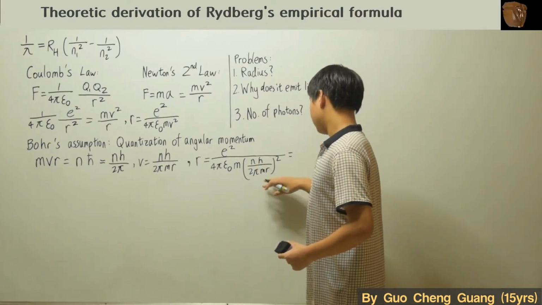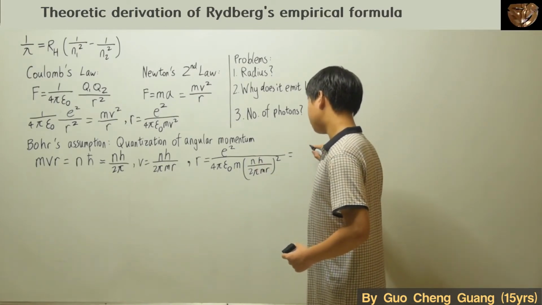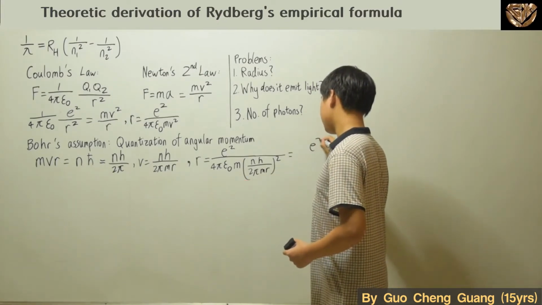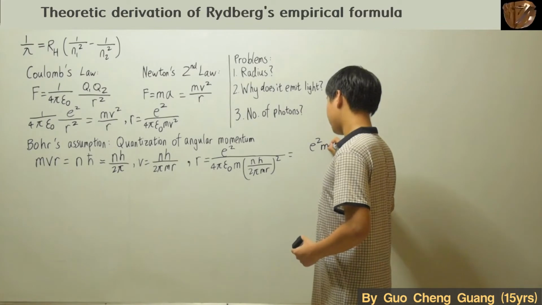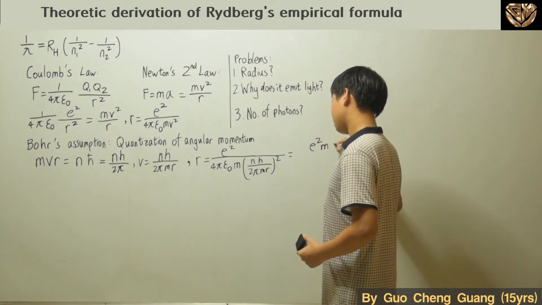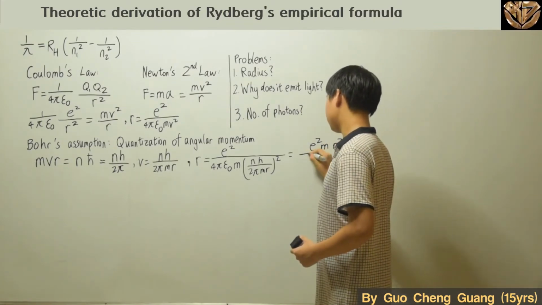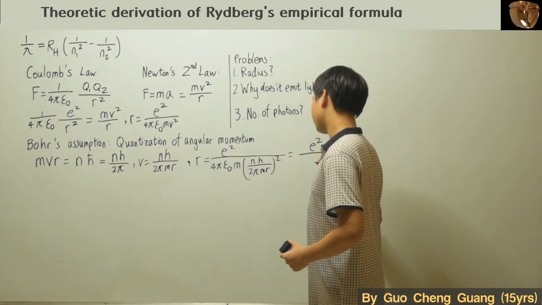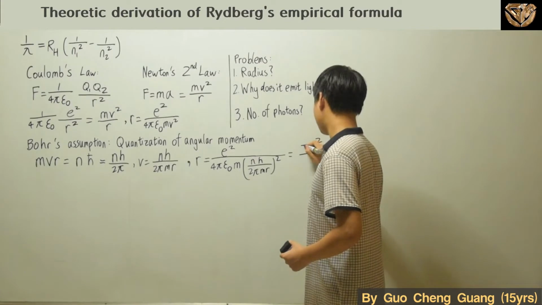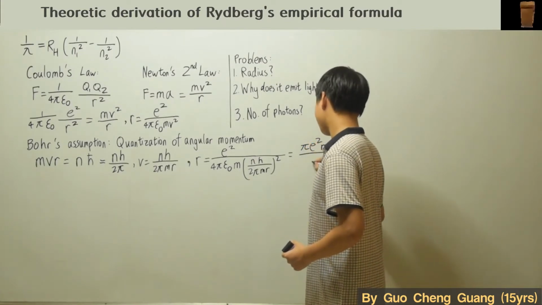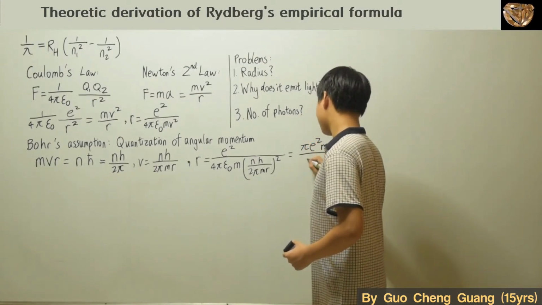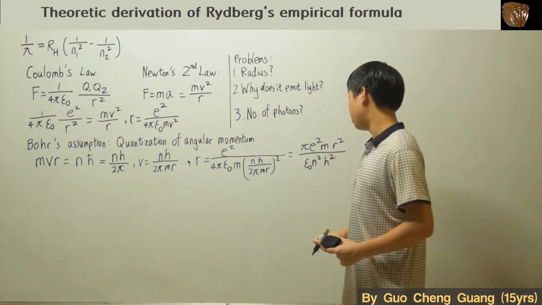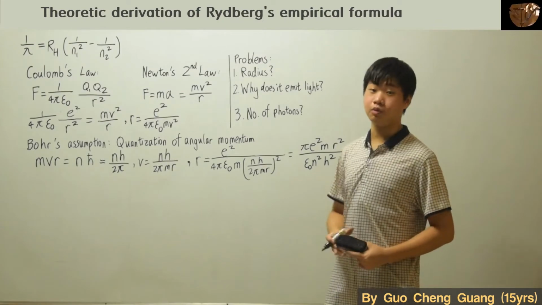You would have no more force, e square still stays, and you have an R square. There would also be a pi. So this is the form that you will be left with.